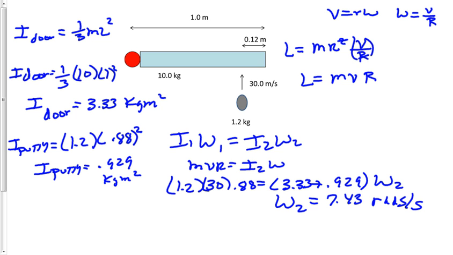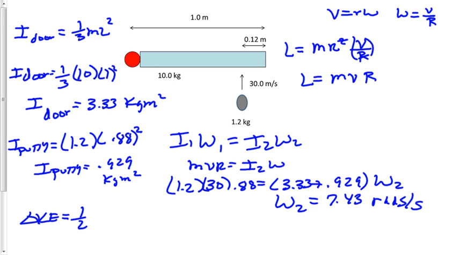Now, if we want to know what kind of collision this is, we're going to look at the change in kinetic energy. The change in kinetic energy will be the final rotational kinetic energy minus the linear, or translational, kinetic energy of the putty.